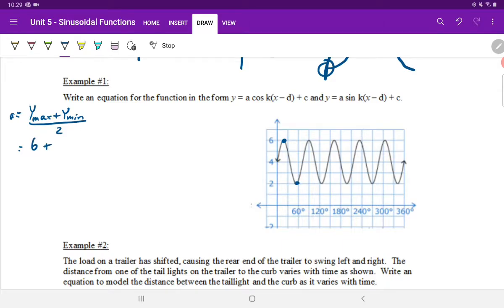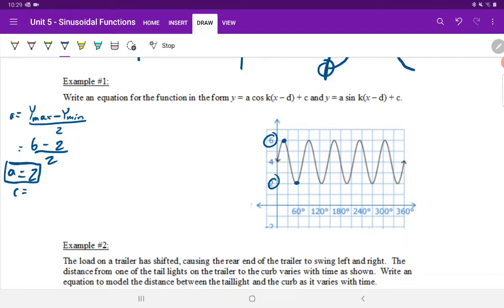My minimum y value is 2. Oh, and I apologize there. That should be minus. There you go. See how simple it is to make that mistake? Okay, be careful there. 6 minus 2 is 4, divided by 2 is 2. So our amplitude is 2. Okay, so let's box that answer.